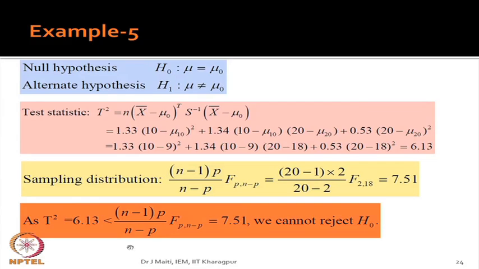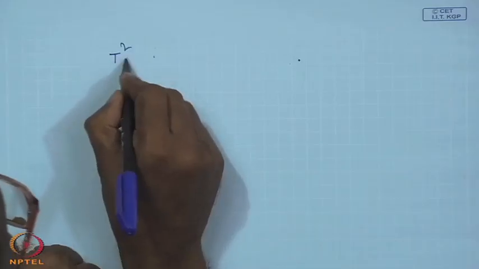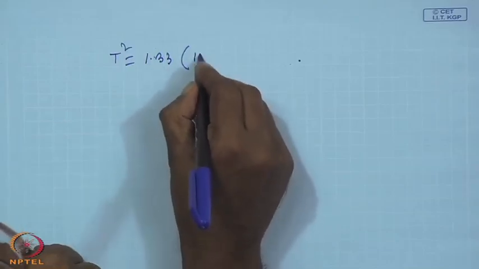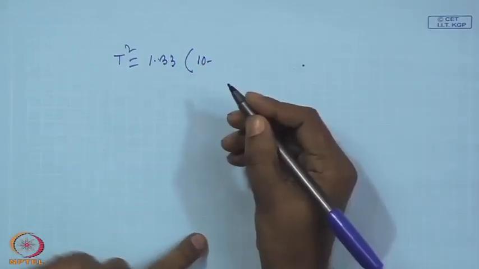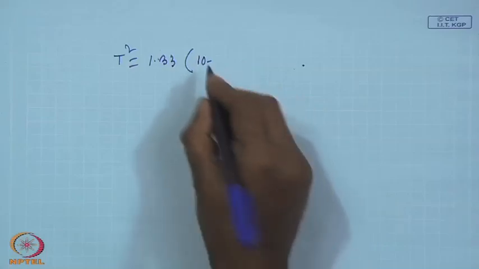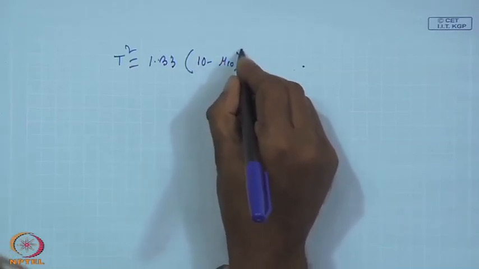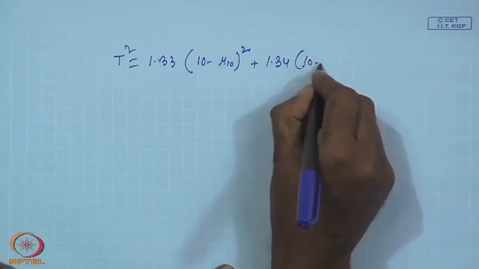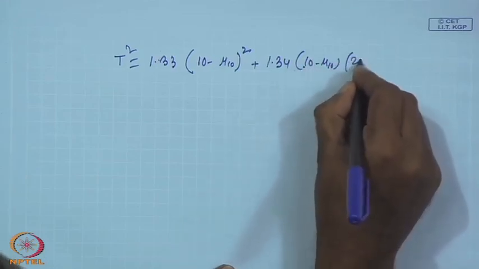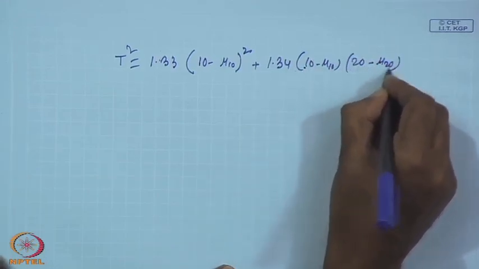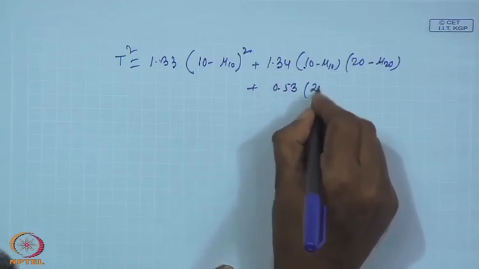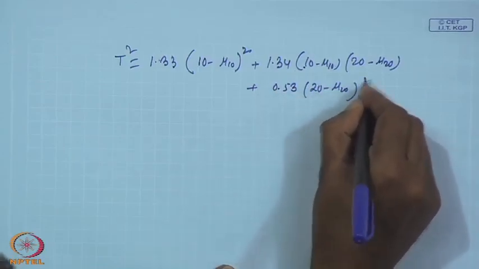I think you all know that we have already found that T square is 1.33, 10 minus mu 10 square, plus 1.34, 10 minus mu 10, 20 minus mu 20, plus 0.53, 20 minus mu 20 square.